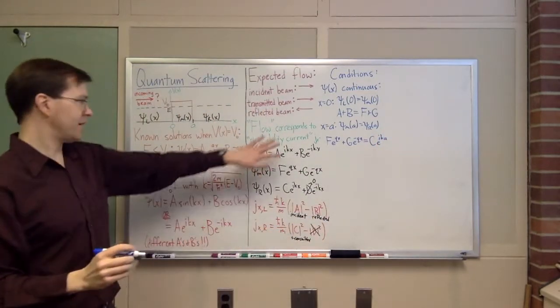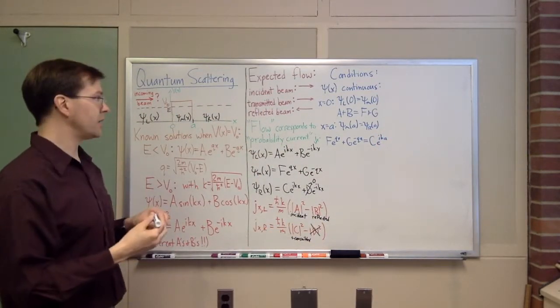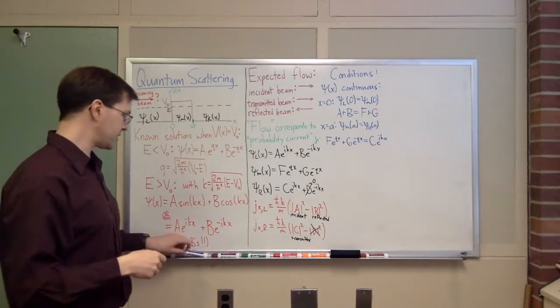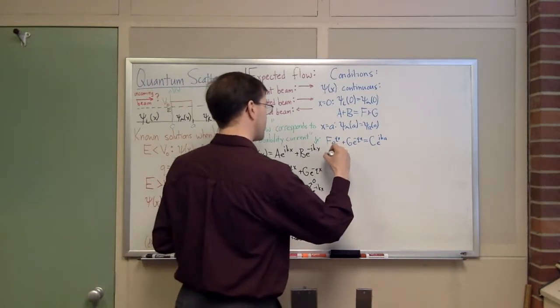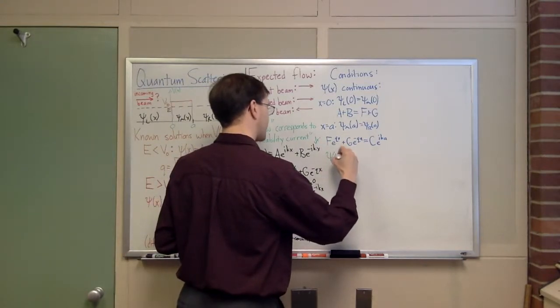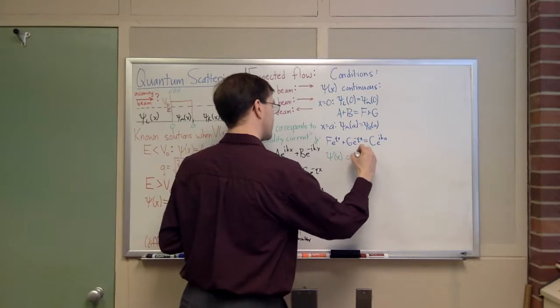There we go. That's my condition for continuity for psi of x at those two positions. I can then go on and say I also need this wave function to be smooth. Psi prime of x has to be continuous.